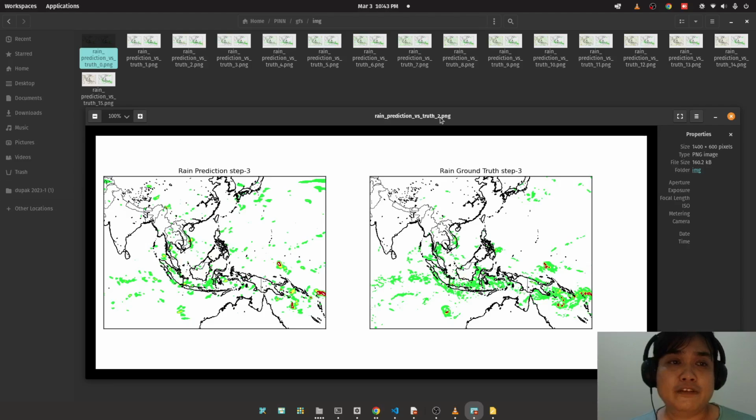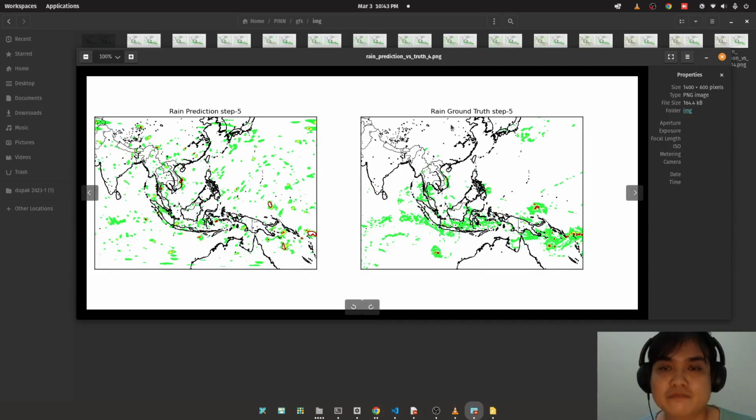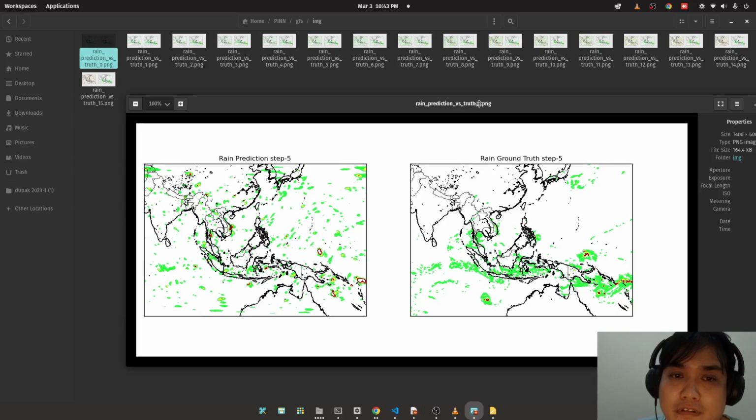And in my opinion, if I increase the dataset, for your information, I'm only using one session of the GFS dataset here, so maybe the model is not quite capturing the pattern of how the GFS dynamics work.